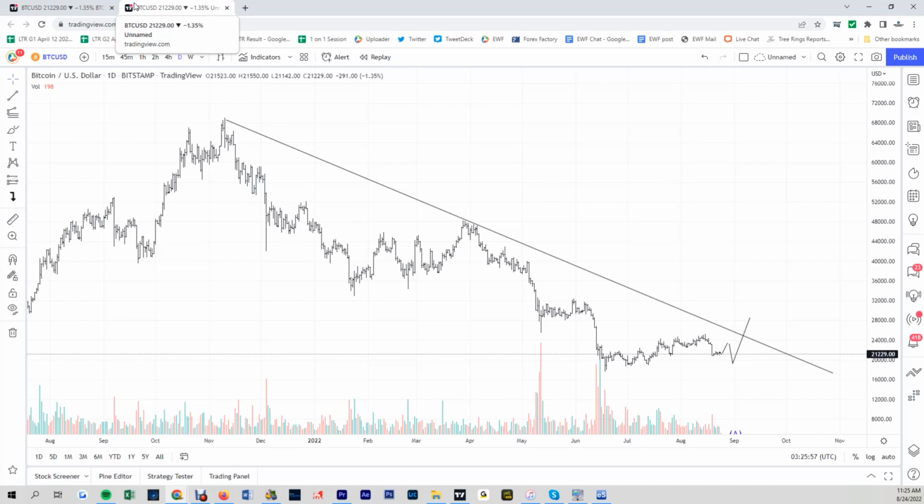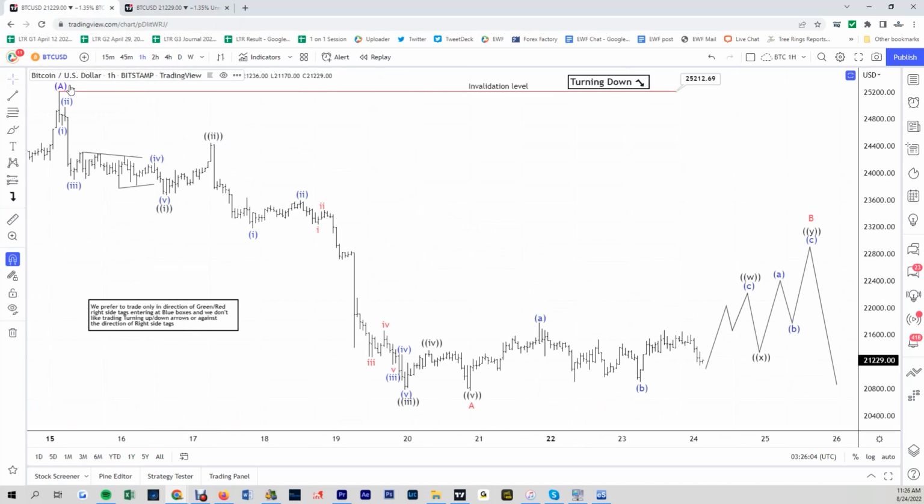We will never forecast an expanded flat as a primary view most of the time. So as long as this is not C of an expanded flat, then most likely we should see more downside as long as we stay below 25,212.